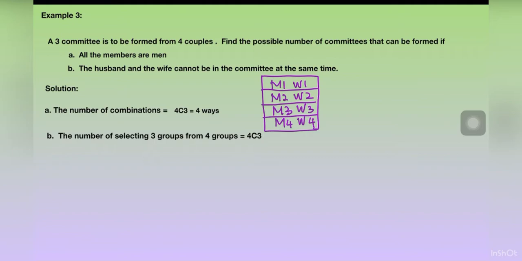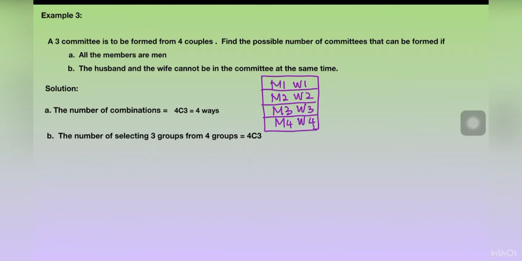Because in this section, the husband and the wife cannot be in the committee at the same time, we have to select groups first from these 4 groups of couples, groups 1, 2, 3, 4.